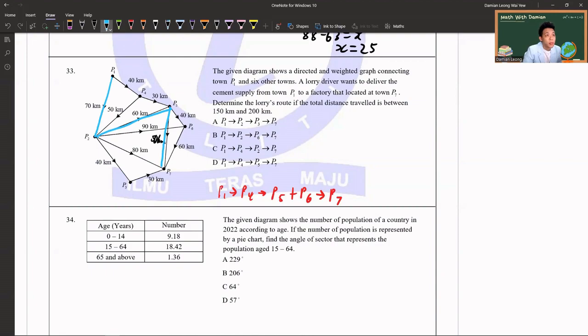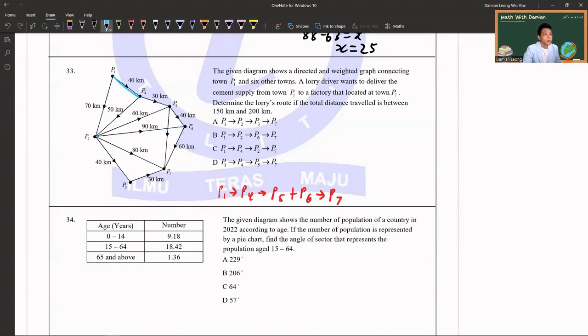So P1, P2, P5, P7 is not an option as well. P1, P2, P6, P7. That's an option, which gives us 150 plus 70, more than 200 km.